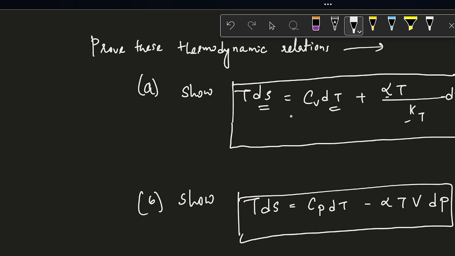Then, depending on what type of problem it is and whether all the other information required in the equation is given in the problem itself, that means the value of alpha or kt or cv, you can just directly apply this formula and get the entropy change in that process.